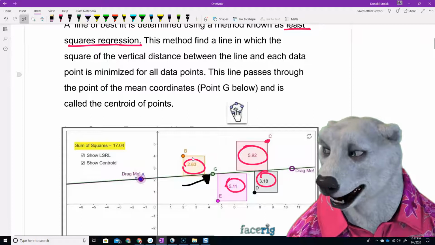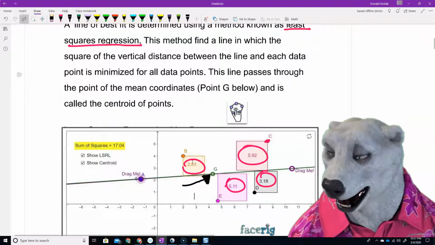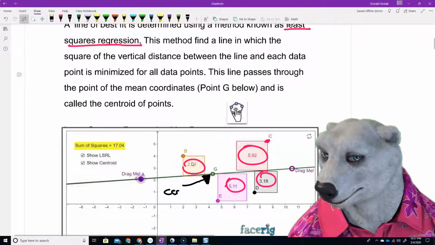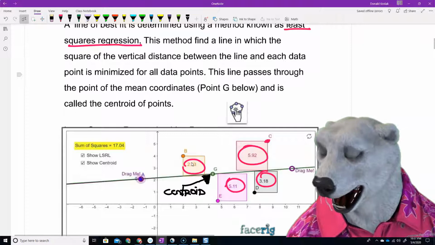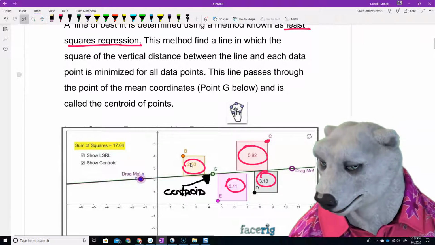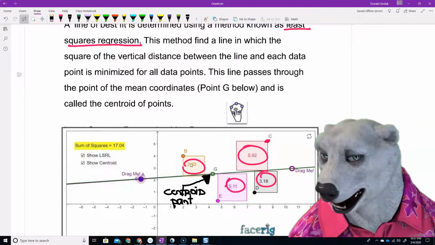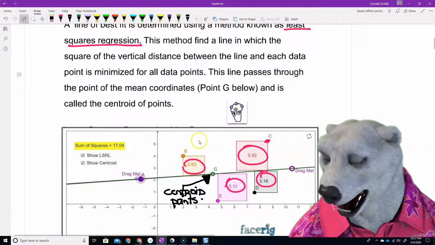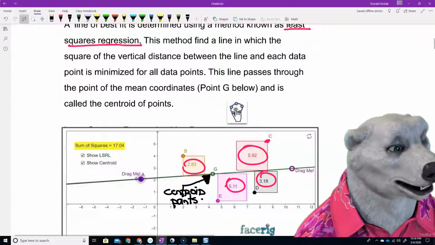That's the mean of the x coordinates, the mean of the y coordinates. Those in the know call it the centroid of points. And your line of least squares regression, or line of linear regression, is going to pass through the centroid of points, right? All right, so let's activate this thing and take a look at how it works.